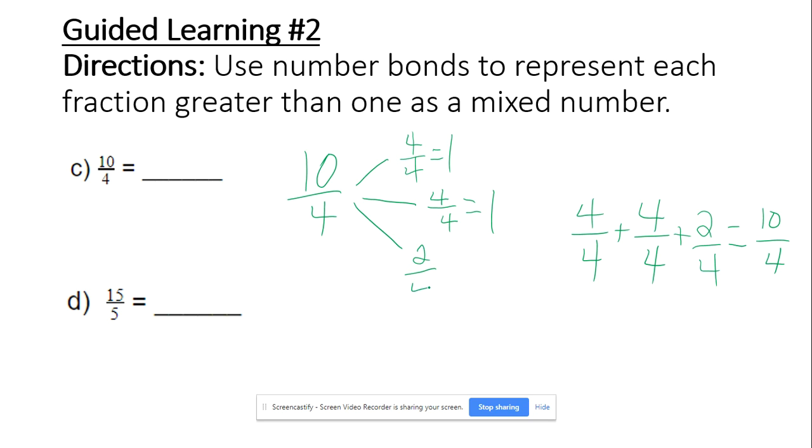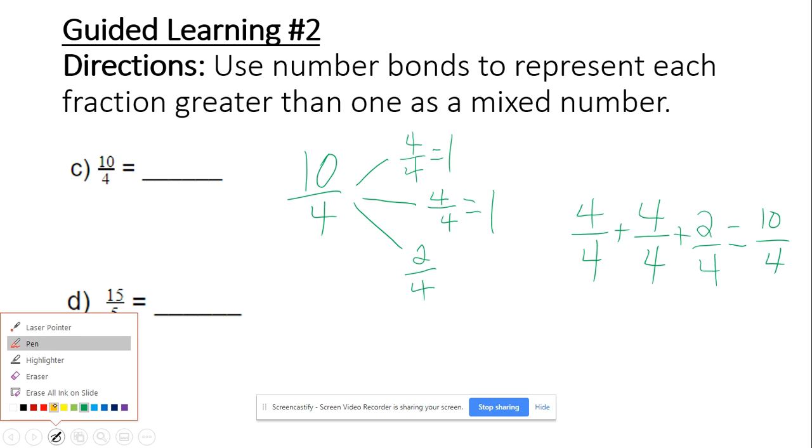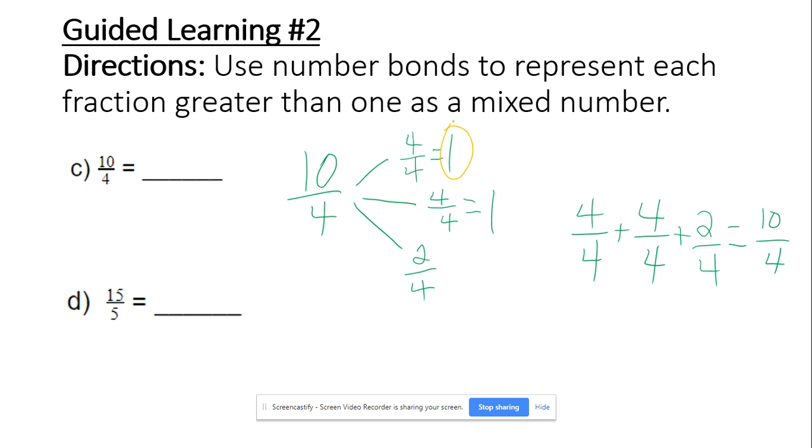So our last portion would be 2/4. So we have 1, 1, and 2/4. So if we add all these together, we get 2 and 2/4.